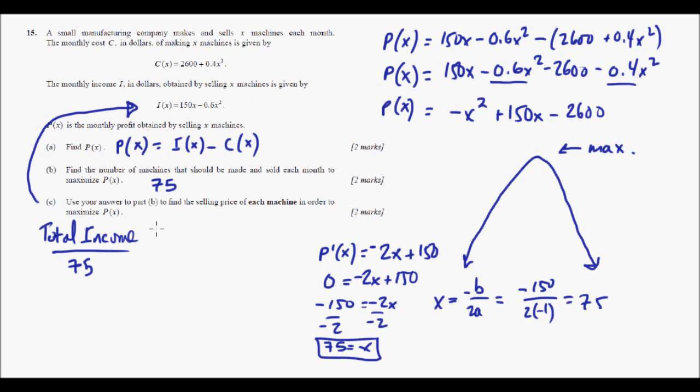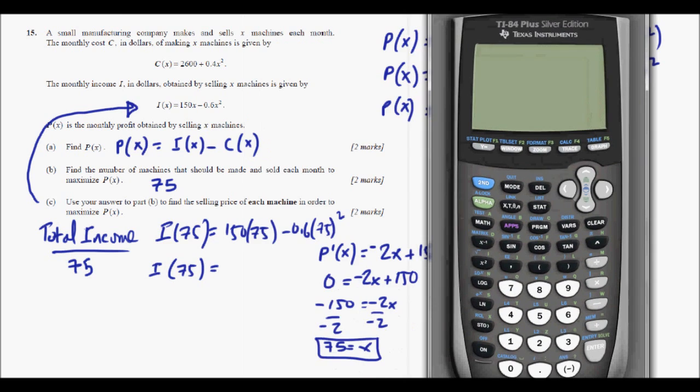I of 75 is going to be 150 times 75 minus 0.6 times 75 squared.